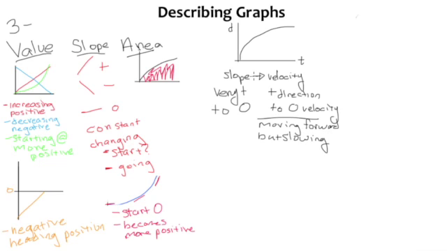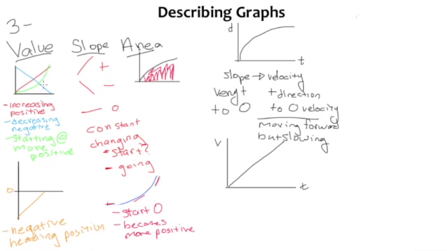The main thing I need you to get from this video is that how we describe our slope or how we describe our value means something. If I have a new graph, let's say we have one that looks like this, but now it's a time graph and a velocity graph. So I need to be able to use the language that I use to describe my value here. So here my value is, well, let's look at it.